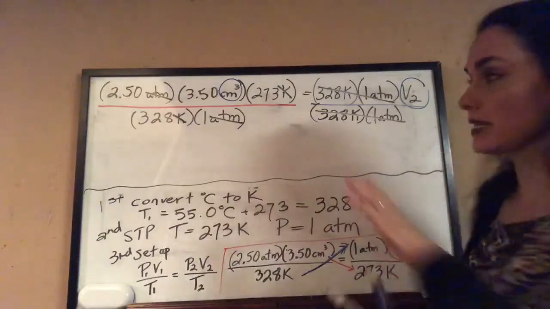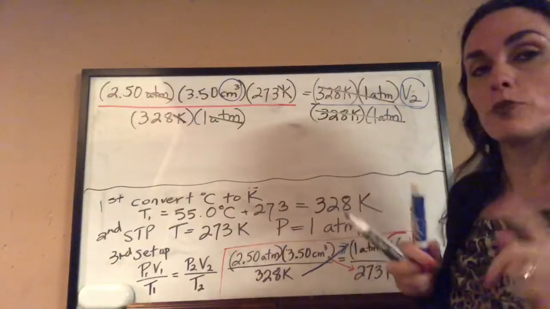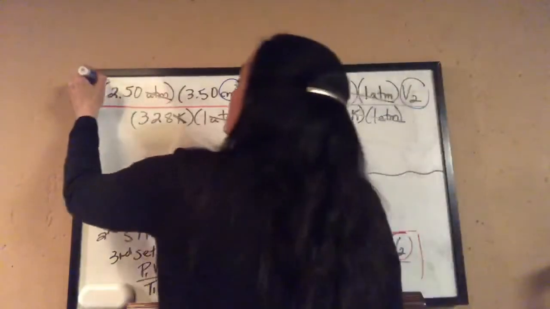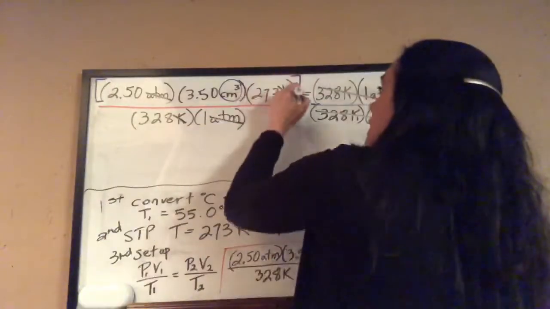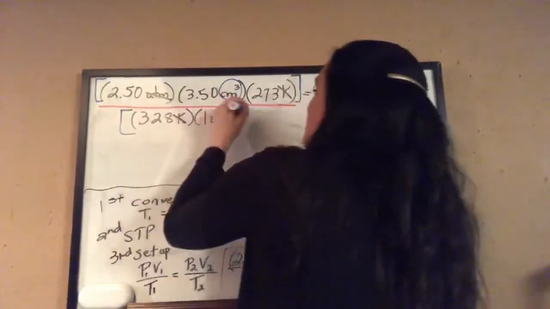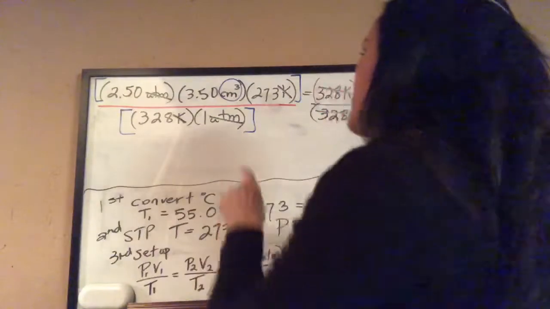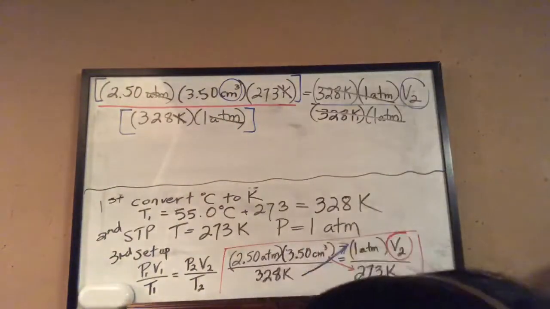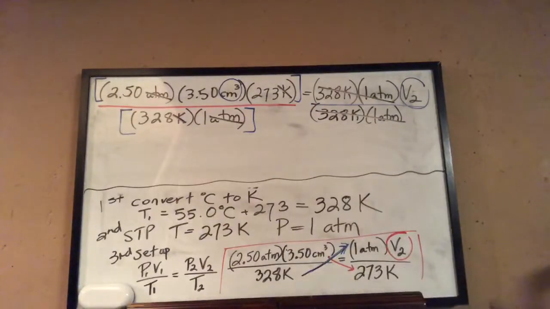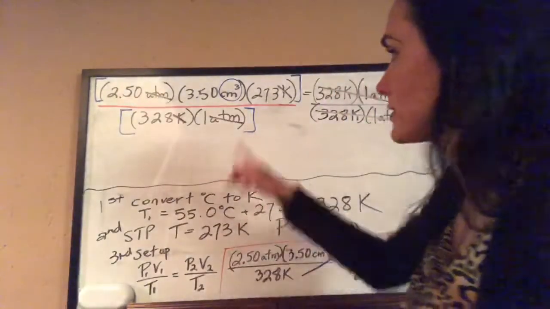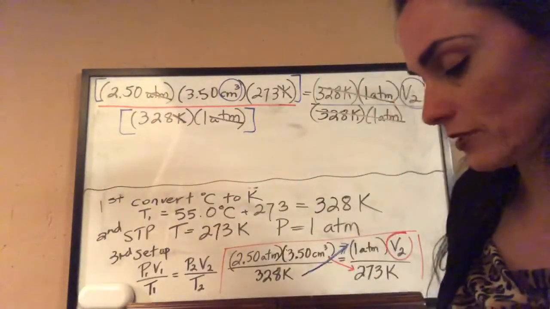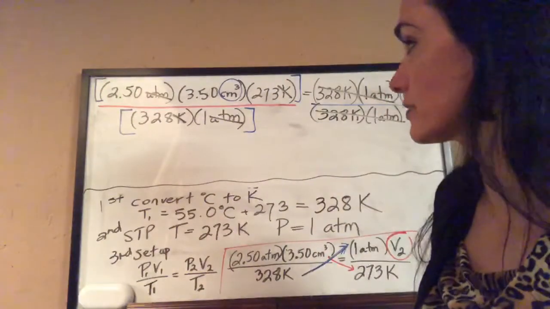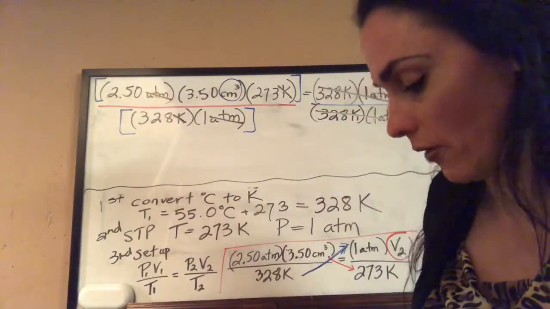Okay, now you need to get this answer. When you put it into your calculator, you need to take this product and divide it by this product. Now, we luck out with the denominator having something multiplied by 1, so it really won't affect our answer. But good practice is to use the parentheses, because don't just assume that your calculator is going to do what you want it to do.